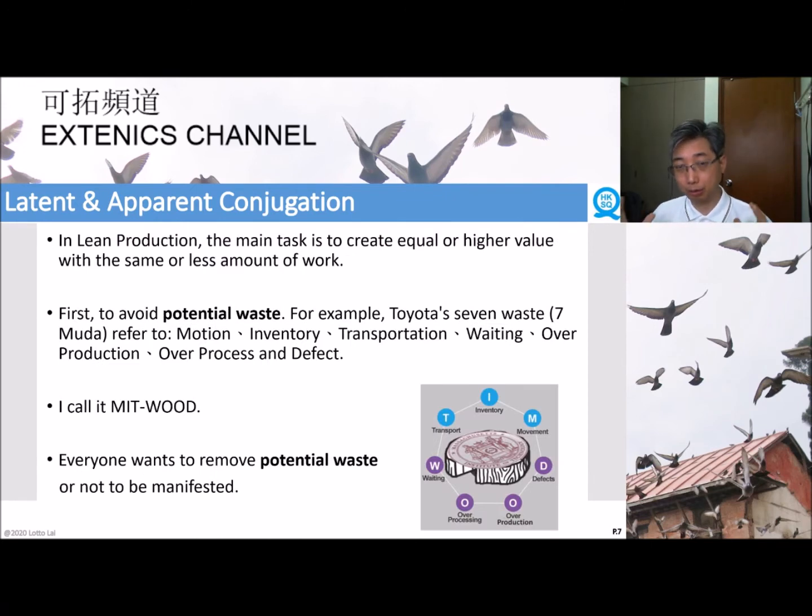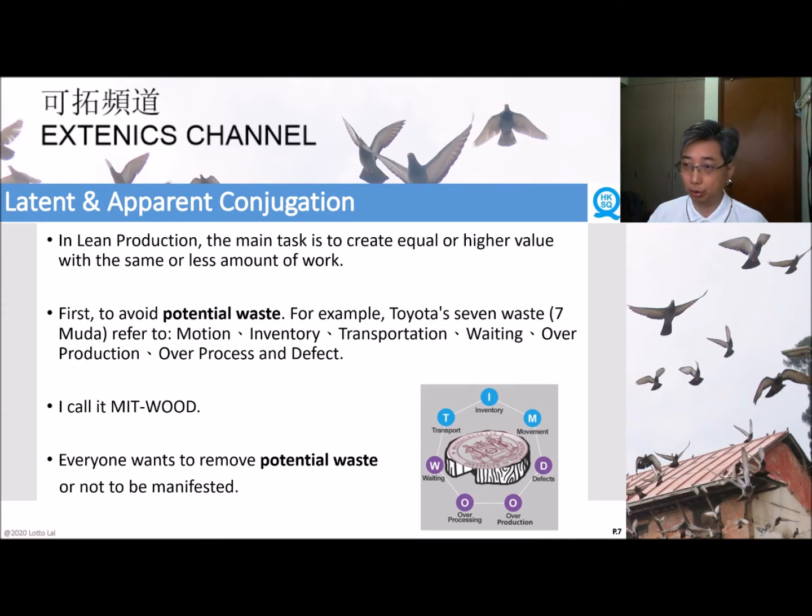So I'm talking about quality management. One very important part is lean production. Its main task is to create equal or higher value with the same or less amount of work. But first, it has the principle of avoiding potential waste.